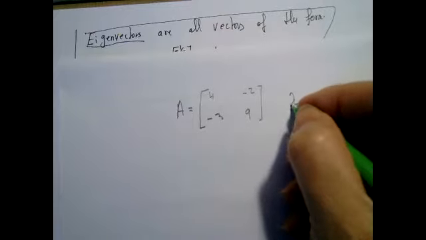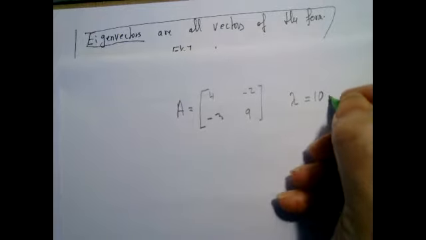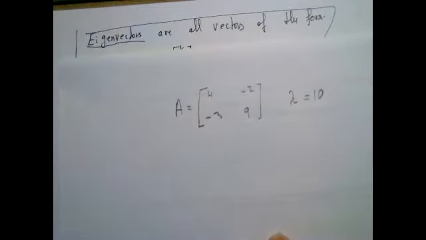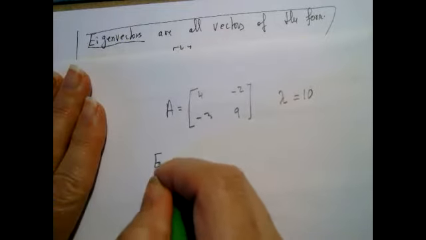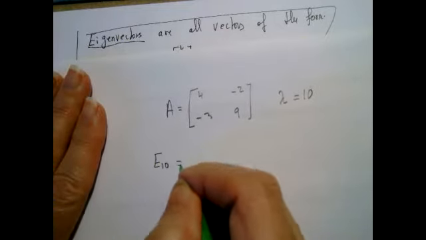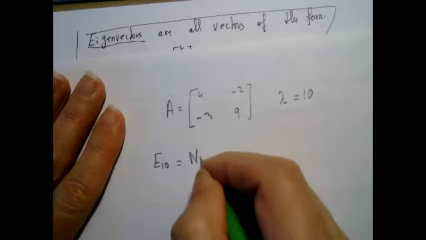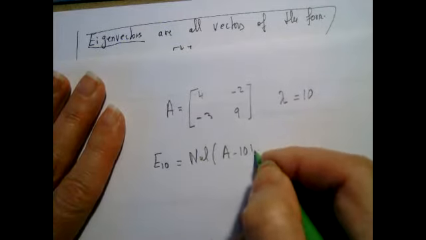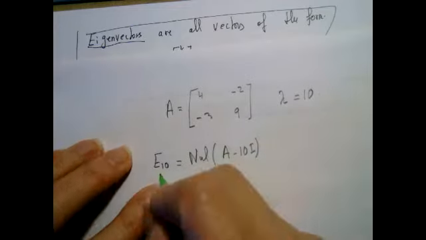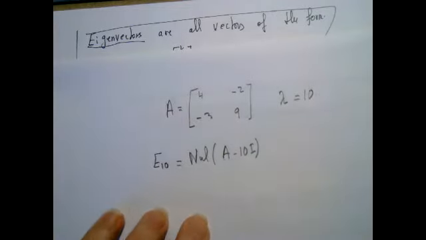And lambda equal to 10 was my eigenvalue. In this example, what's E10? E10 is nothing more than the null space of A minus 10I. That's really what it is, because E10 are all the solutions of the system.